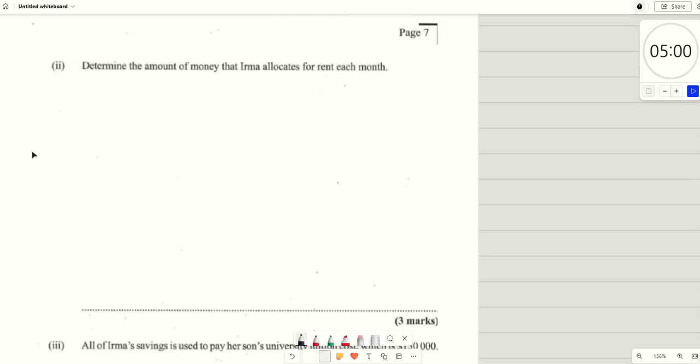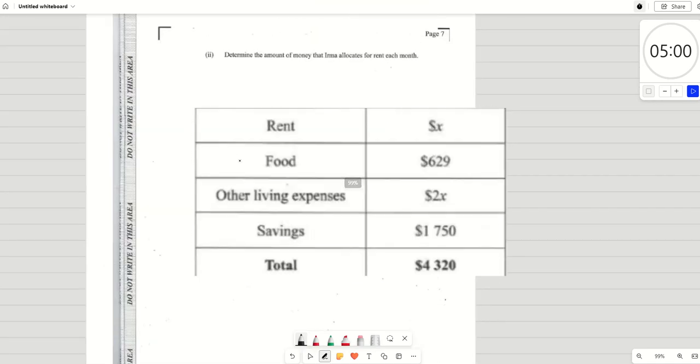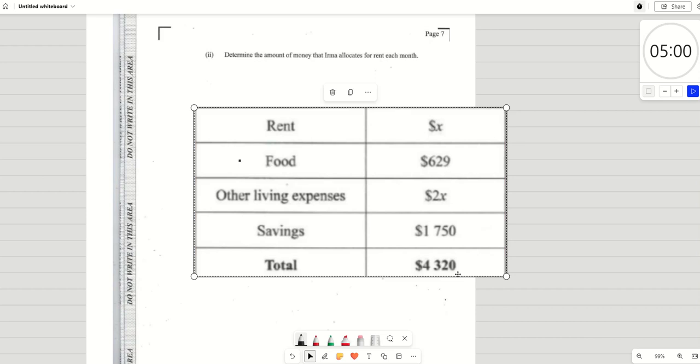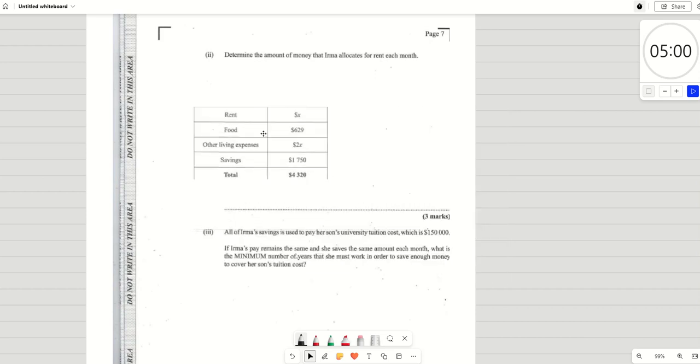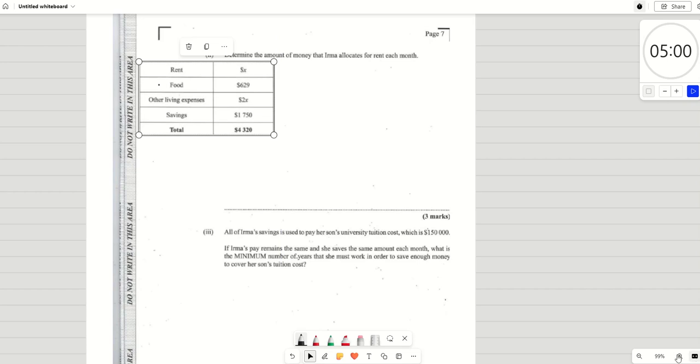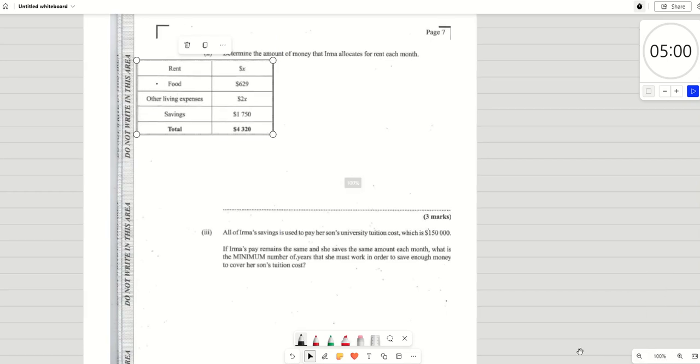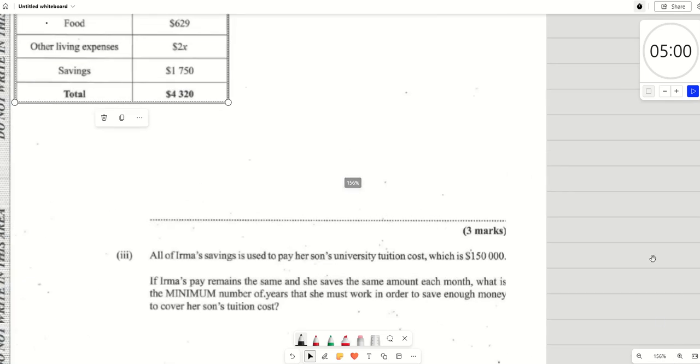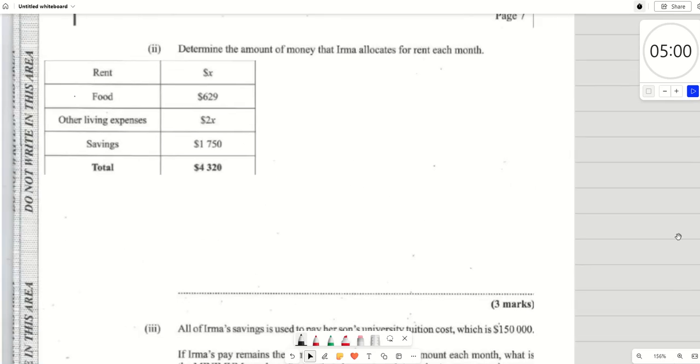Second part of this question says, determine the amount of money that Irma allocates each month for rent, right? So we know that rent is X amount. If we were to add all this up, you're supposed to get 4,320.